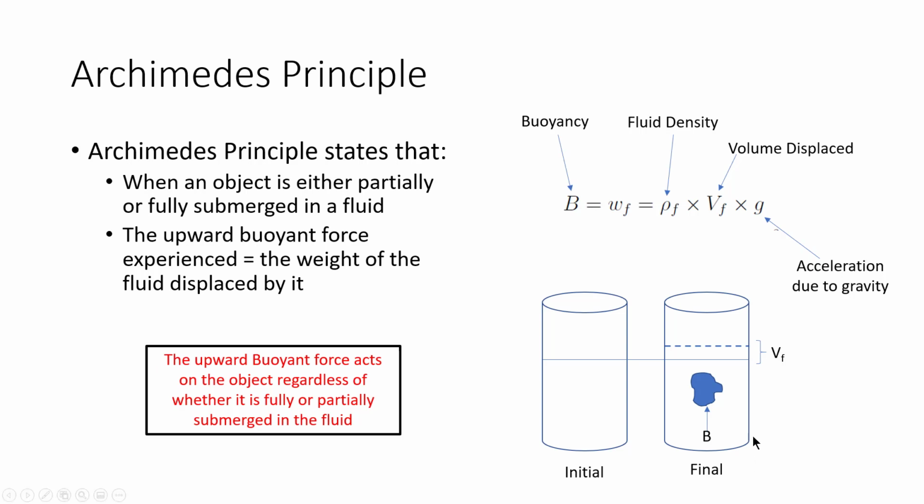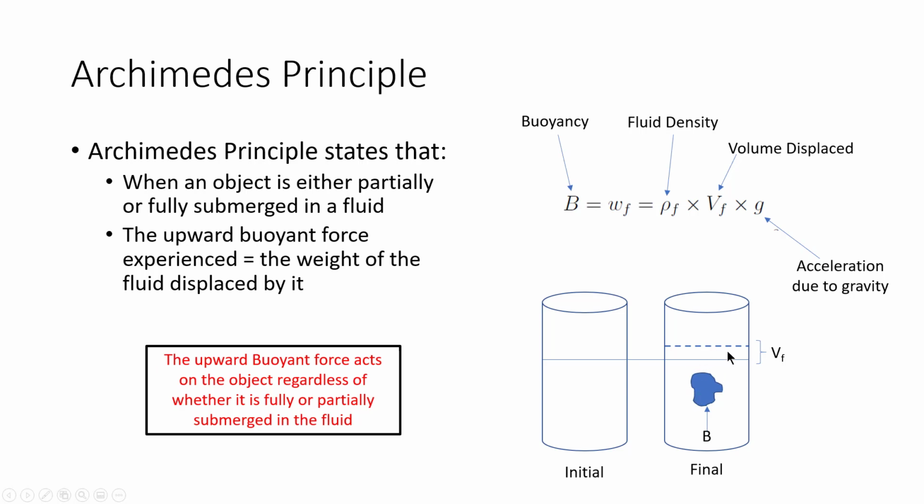If we look here, let's say our initial water level is at this line, then we place an object. That object can either be submerged in water, as I show here, or can be floating on the water.